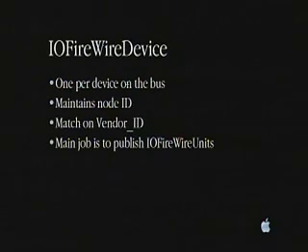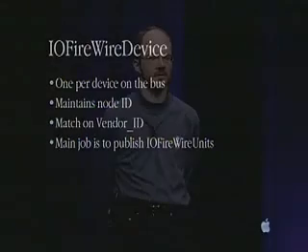FireWire device also discovers the vendor ID, which is in the root directory, and publishes this in the IO registry so that you can use it for driver matching. But the main job for FireWire device is to scan the configuration ROM on the device that it is attached to, looking for unit directories, and when it finds them, publish those unit directories in the IO registry so that driver loading can continue.